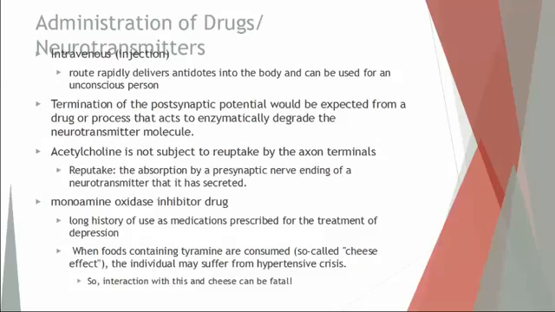The second point, termination of postsynaptic potential will be expected from a drug or process that acts to enzymatically degrade the neurotransmitter molecule. And here's what that sentence means in normal English. When a neurotransmitter goes from the nerve cell, the last part of the nerve cell, the neuron, the part of that neuron that carries information is the axon.